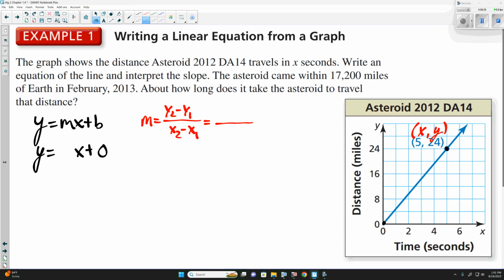Which one do we want to put first? Doesn't matter, because we can put 0 first and then 24 second. The order in which we put the y values isn't overly important, but the x values have to match. So since I put 0 first, what's the x value that corresponds with that y value?